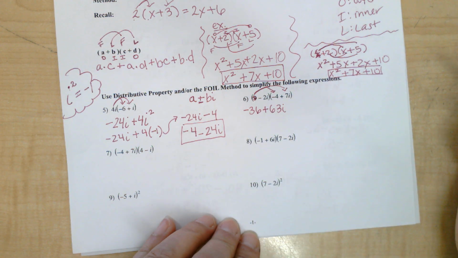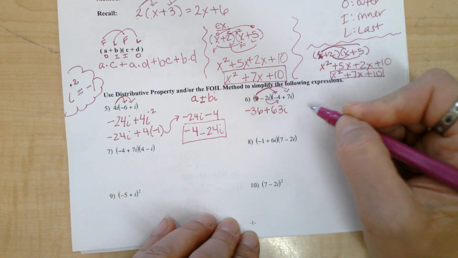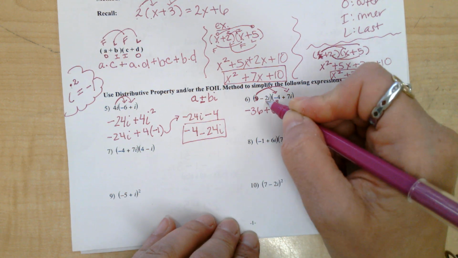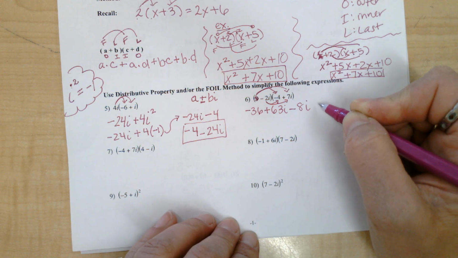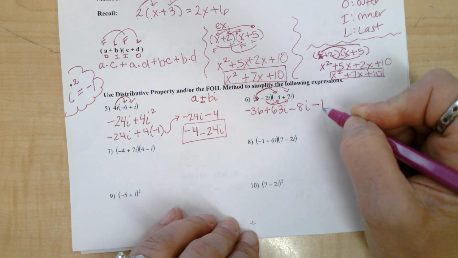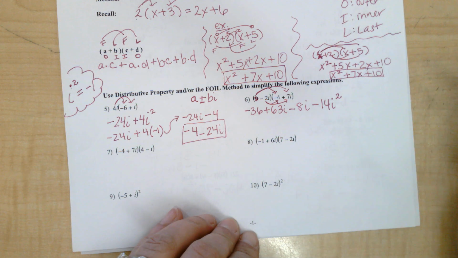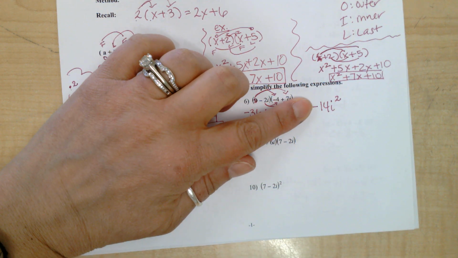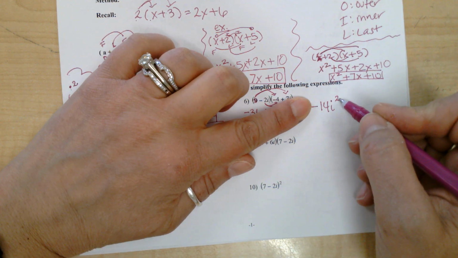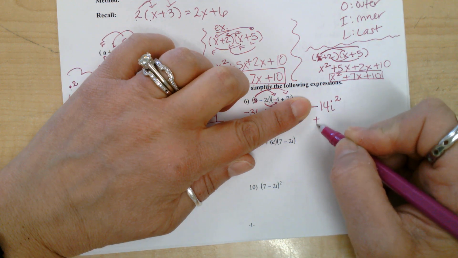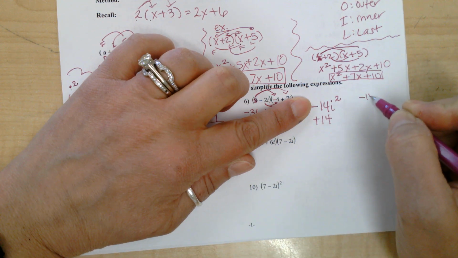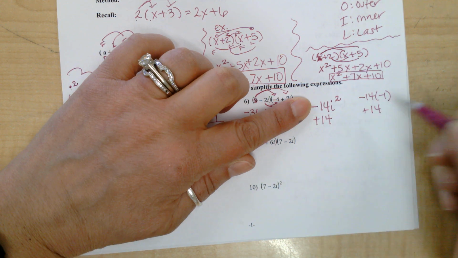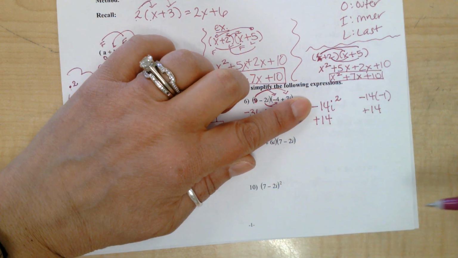So now the 9 is done. -2i times -4 is -8i, and -2i times positive 7i is going to give us a -14i squared. Now, i squared is going to become -1, so this will become positive 14. All I did was -14 times -1, which comes out to be a positive 14. And again, you can think about it as just flipping that sign.